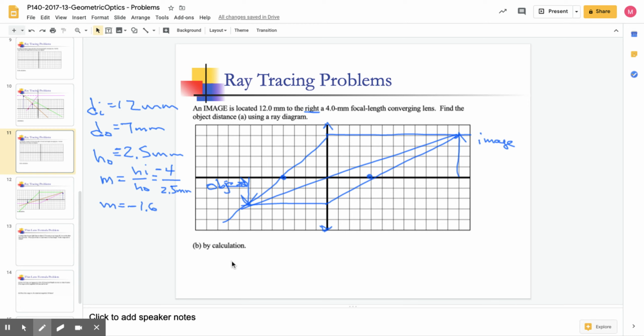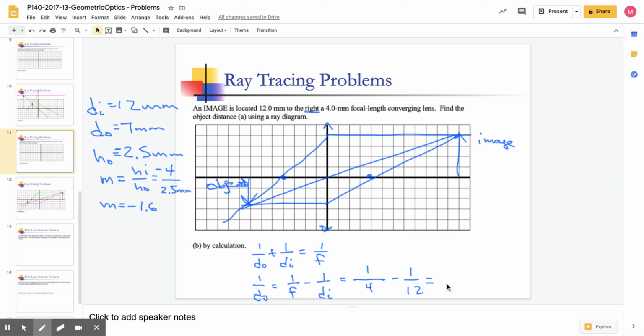Okay, and so now if I want to do it by calculation, I'm going to say 1 over d0 plus 1 over di is equal to 1 over f. And remember, I started with my image at 12, so I'm actually now solving for my object. So 1 over d0 is equal to 1 over f minus 1 over di, which is equal to 1 over 4 minus 1 over 12.